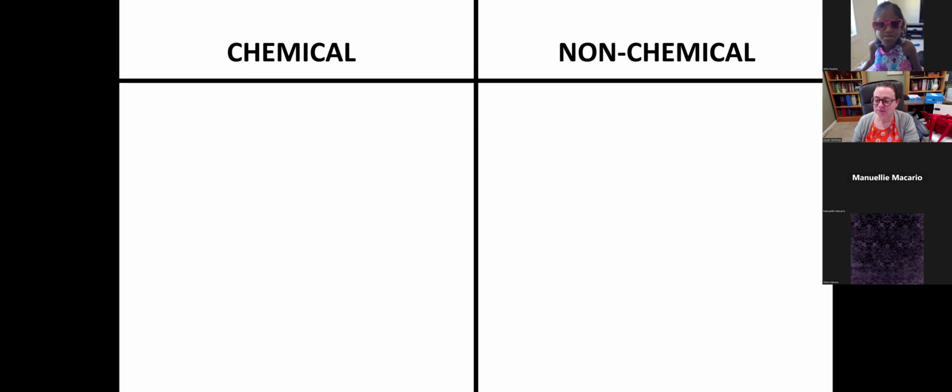Because we already know that it's on the periodic table, so it's obviously chemical. All right. So if it's on the periodic table, it's a chemical. Okay. What if it's made of things that are on the periodic table? Does that make it chemical or non-chemical?